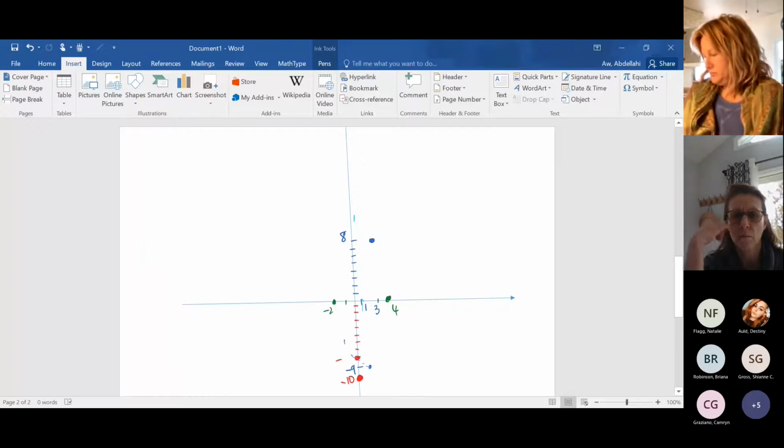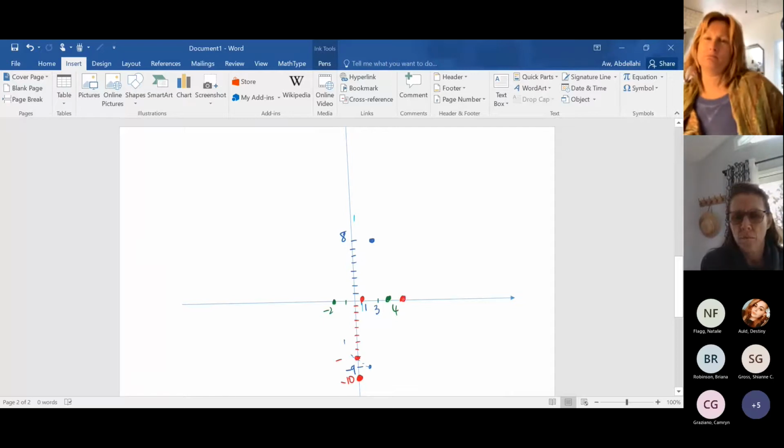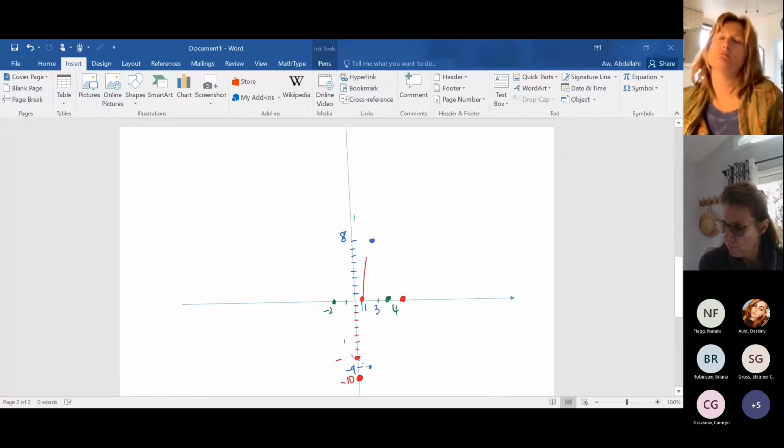So we have 1, 0, which is right here, and 5, 0. And this is my parabola, like this.